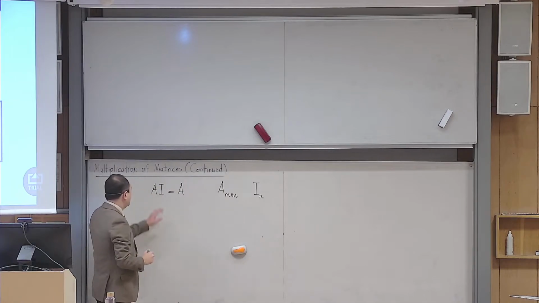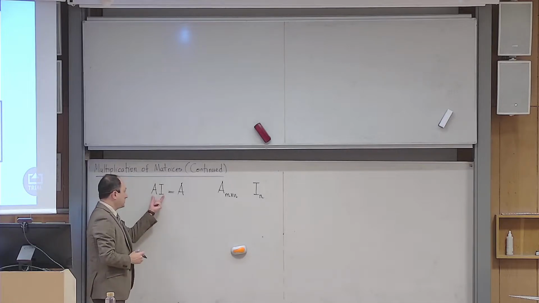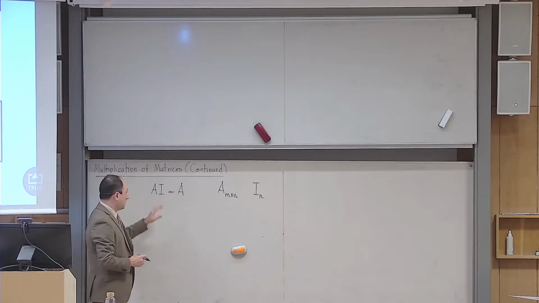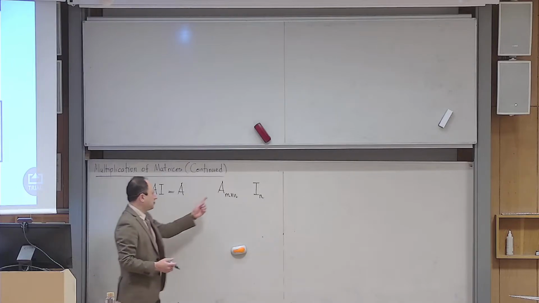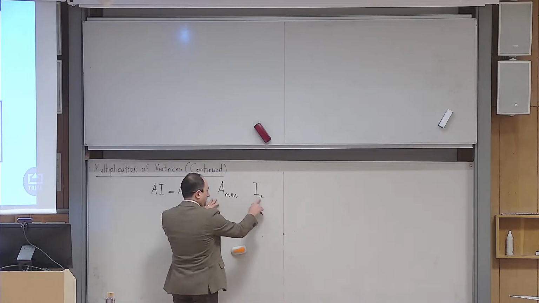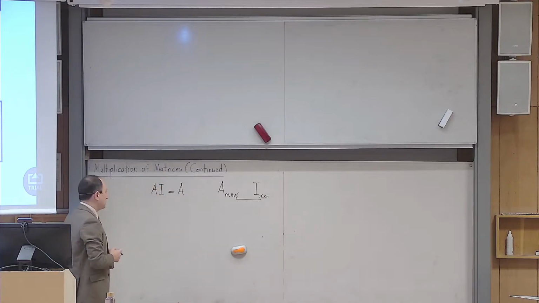But I want to prove that this becomes the same A. First of all, this is a matrix on the left, this is a matrix on the right. I want to prove the equality of two matrices. I have to convince myself the orders are the same, which is very simple. If I multiply this by that, what will be the order at the end? When I say In, I mean n by n. And when I multiply according to the rules of multiplication, these two will cancel, and what is left is an m by n matrix, which is of the same order. So from the order point of view, everything is clear.